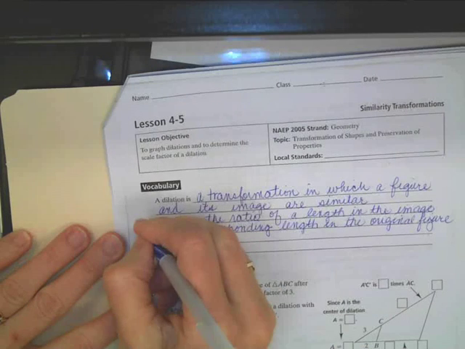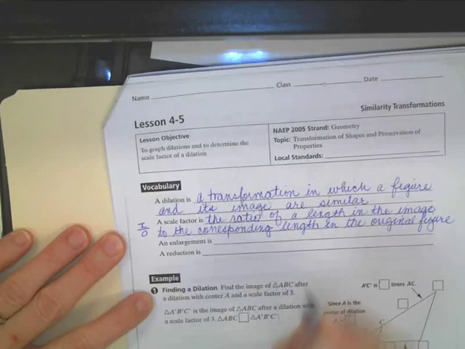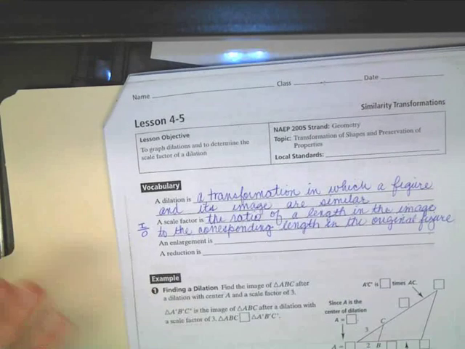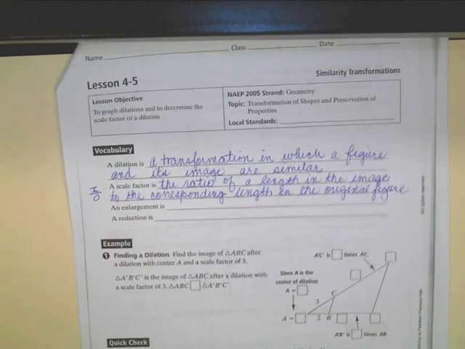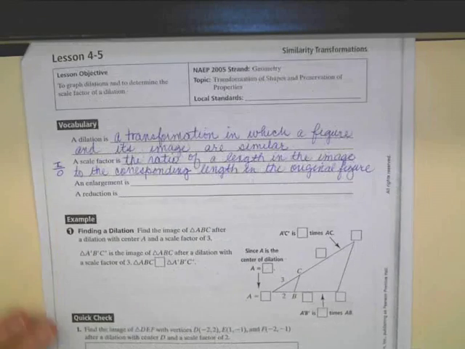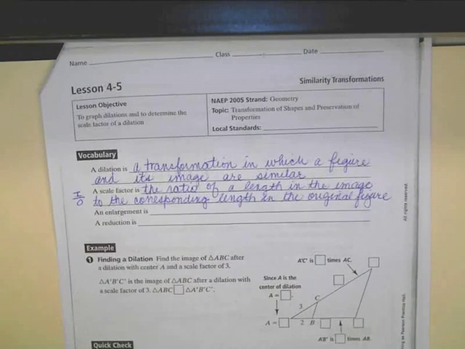I usually make a little note to myself. The ratio is image to original, so I over O. If you want to add that in your notes, you can. It just helps me remember that that's what I'm trying to do.